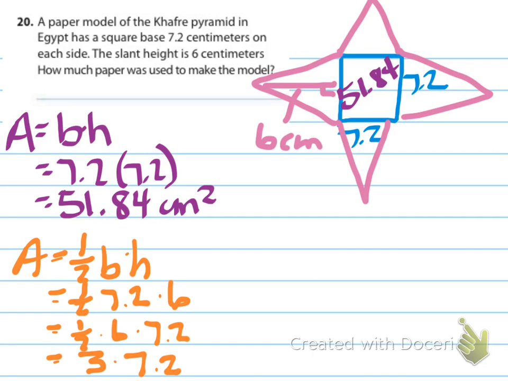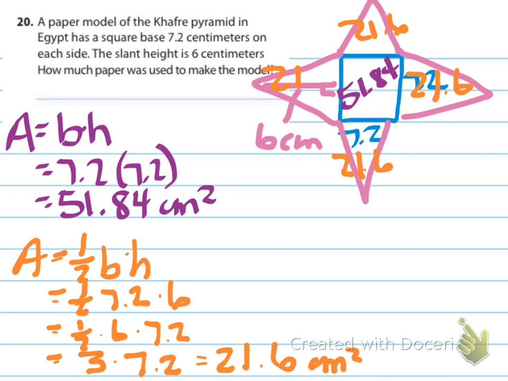So I'm going to have 3 times 7.2, and that's ultimately going to be 21.6 centimeters squared. So these are each 21.6, 21.6, 21.6, 21.6. And I feel like when you label the picture like I am doing over and over again, it doesn't let me forget that these are all the numbers I need to add together.